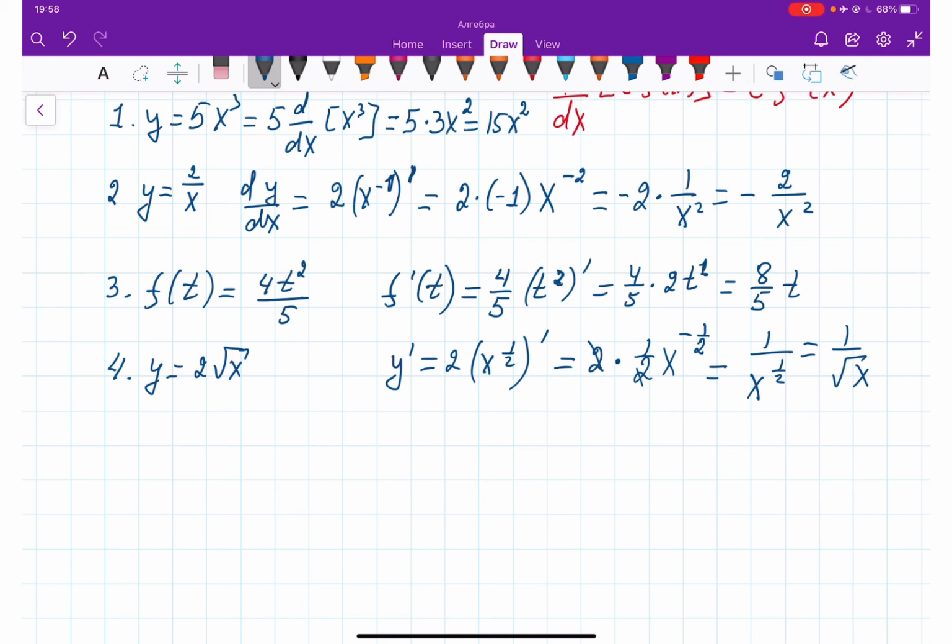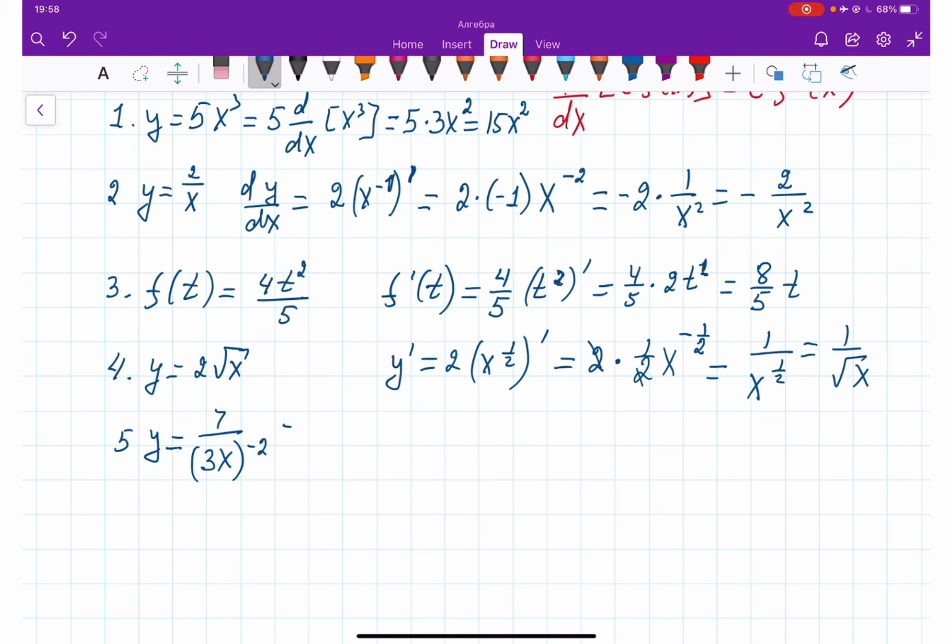Next one, y is equal to 7 over 3x to the power negative 2. What I'm going to do here is some simplification.